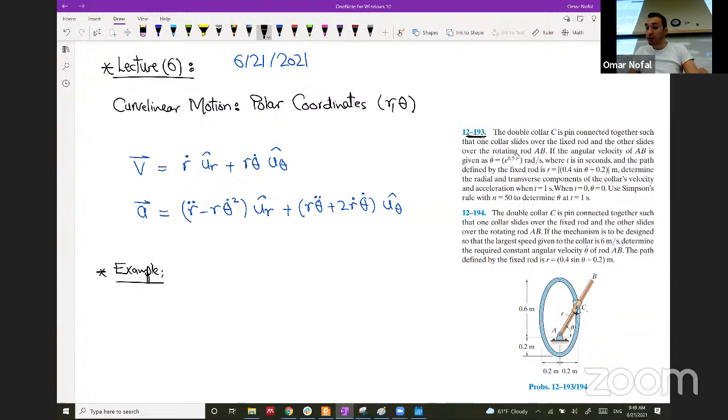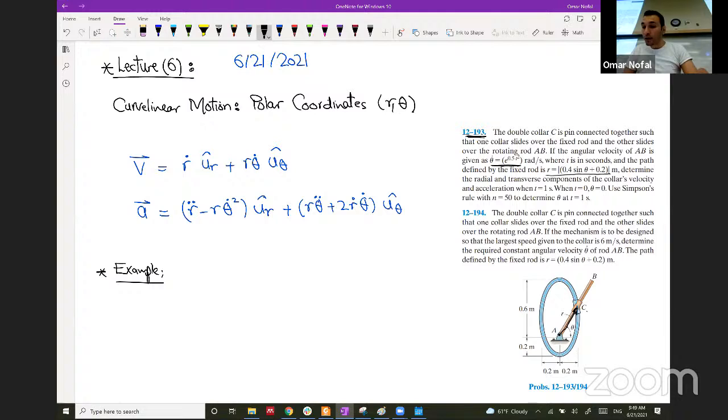So the rod is restrained to move on the ring. We have r here, measured from the origin up to there, and r keeps changing as theta is increased or decreased. This is how r is changing. It gives you r, and also theta dot is given.